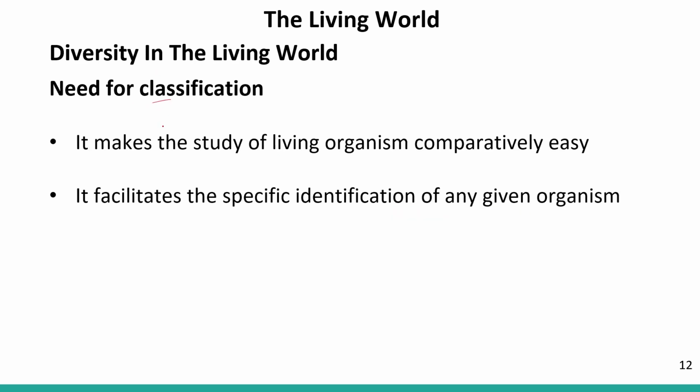Now, what is the need of classification? It makes the study of living organisms comparatively easy, because now we have ordered the organisms into various groups. So the study of living organisms becomes easy, because everything is now streamlined, organized and ordered into categories.